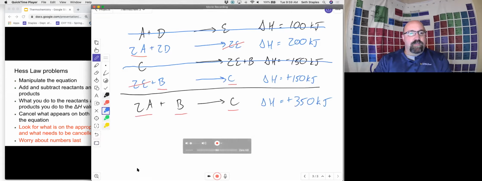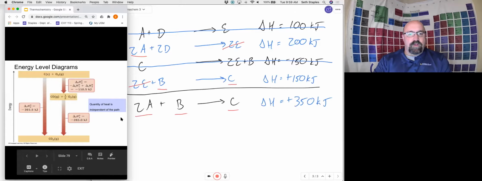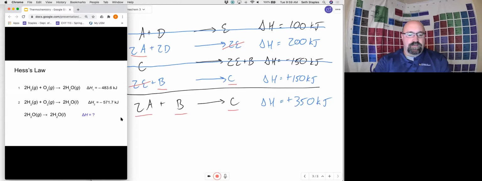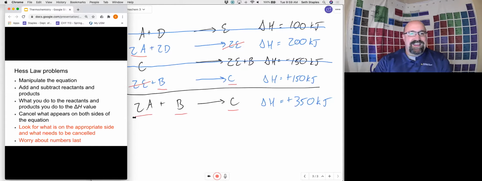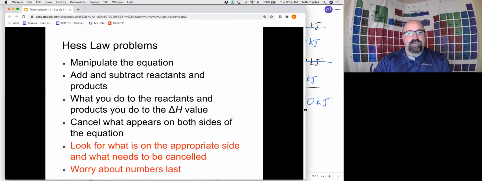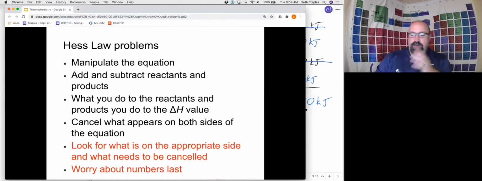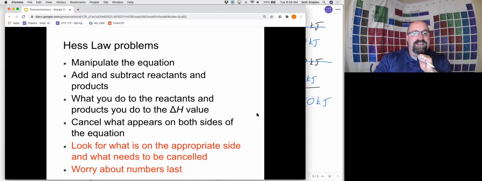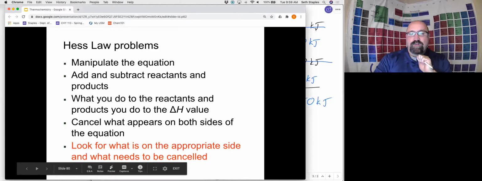And so again, you go through and do all of your equation manipulating first. Anything that you need to manipulate in your equations, do so that you end up with what you want in your target for a reactant and product. You end up with those in the right places. Everything extra cancels out. And then finally, worry about the actual calculation.